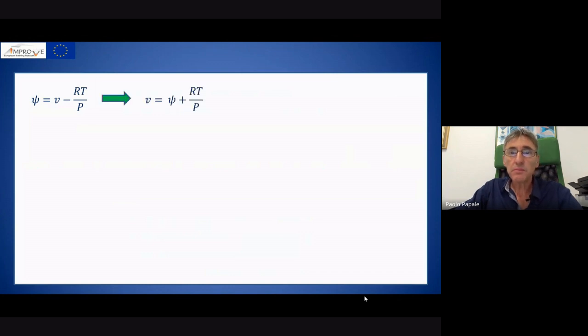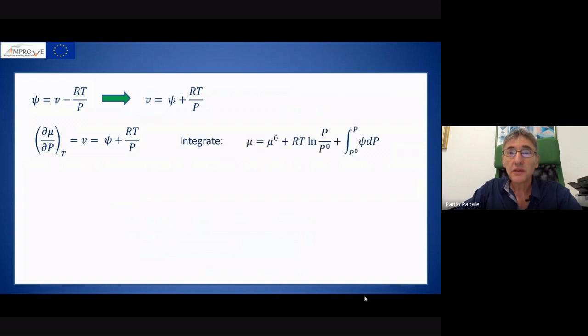From the definition of psi, we can then write the real volume in terms of psi. Now we have an expression for the real volume that we can use inside the expression for the chemical potential. By integrating, we obtain the chemical potential in terms of our newly defined quantity psi. The chemical potential for a real substance, we know it, is also equal to this other expression.